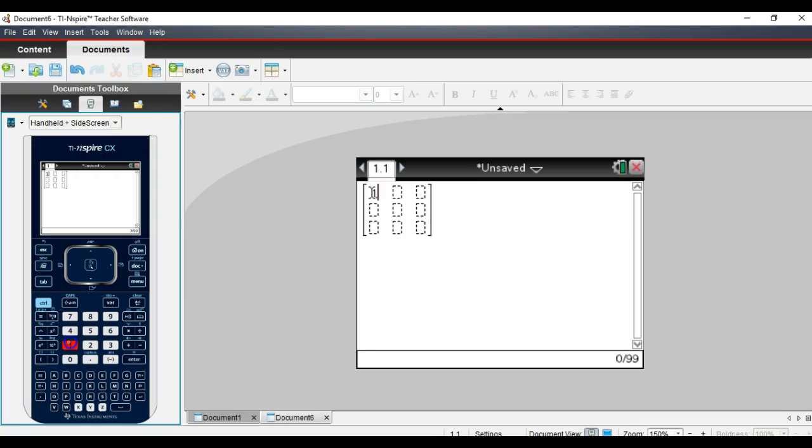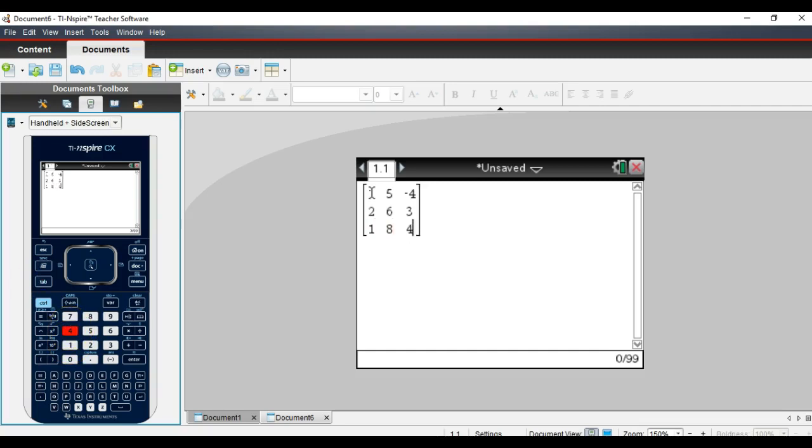1, 5, negative 4. Next row, 2, 6, 3. Last row, 1, 8, 4.